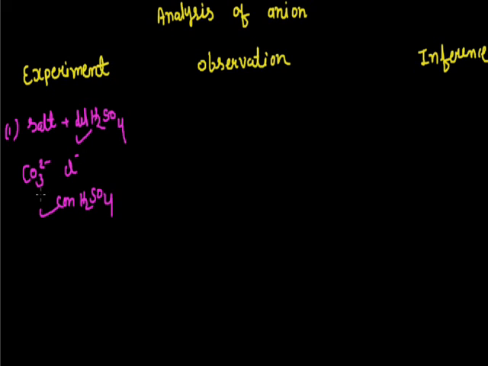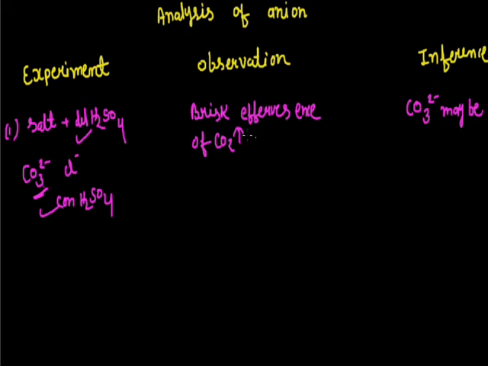If we add the salt to dilute H2SO4 and brisk effervescence of CO2 gas comes out, the observation is brisk effervescence of CO2 gas, and it shows that the salt may contain a dilute group anion, maybe carbonate. That is the maybe.